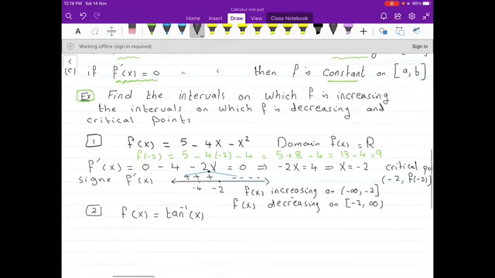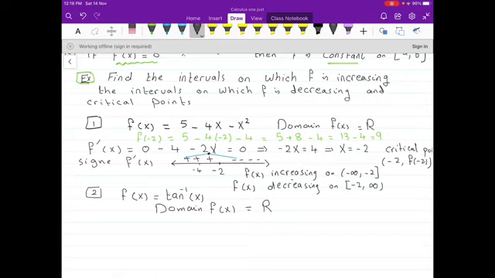We will talk about it later on. Now if you take the function f(x) equals tan inverse x, before you solve, what is the domain of f(x)? Obviously the domain of f(x) is the real numbers. How can we differentiate tan inverse x?